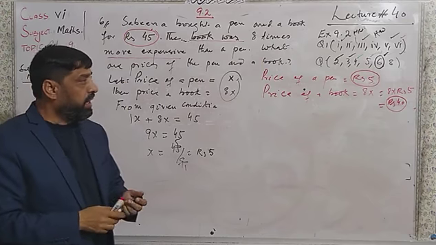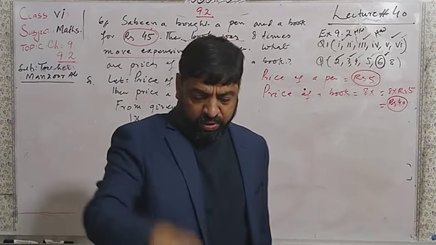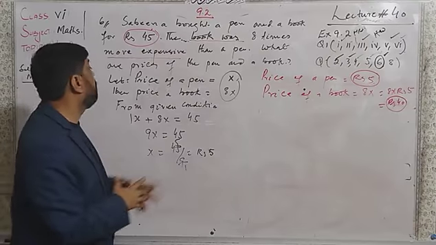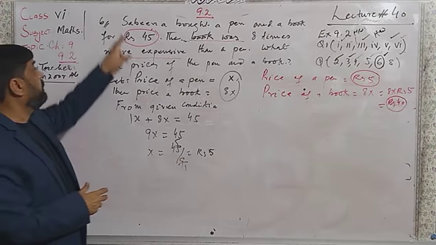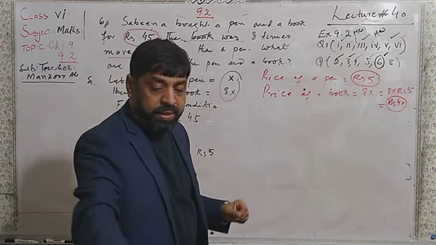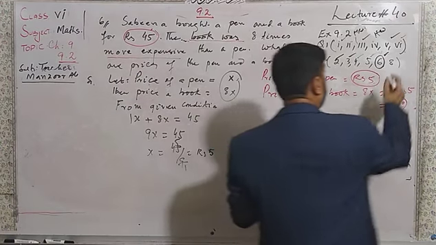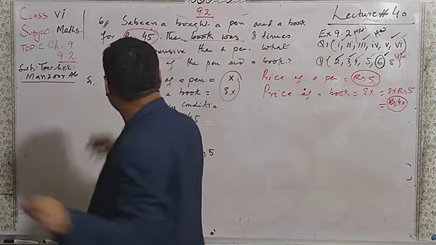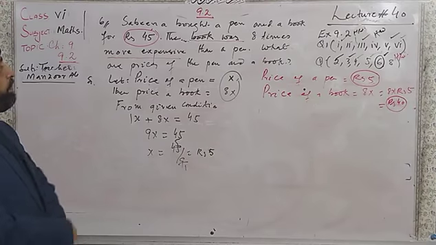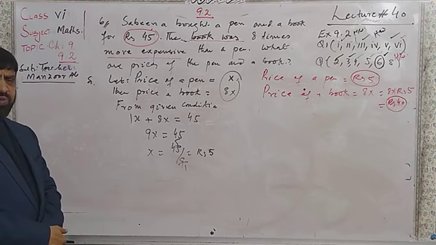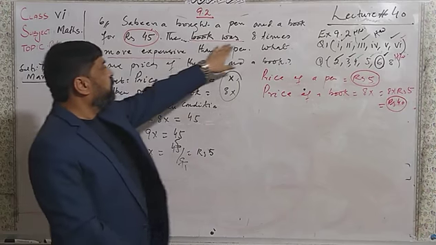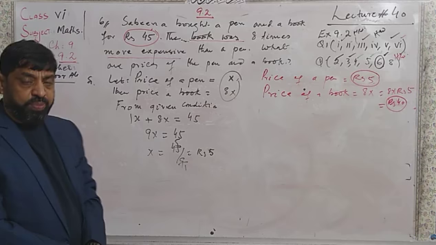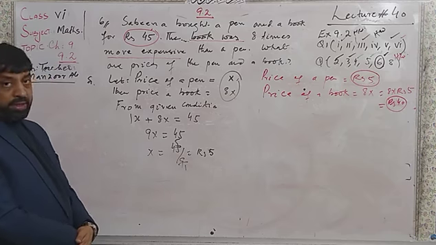This is the question. And the last question is homework for you. Dear students, I would like to share with you that here Sabina, number 8 is the homework. Be careful. Sabina bought a pen and a book for rupees 45. The book was 8 times more expensive than a pen.